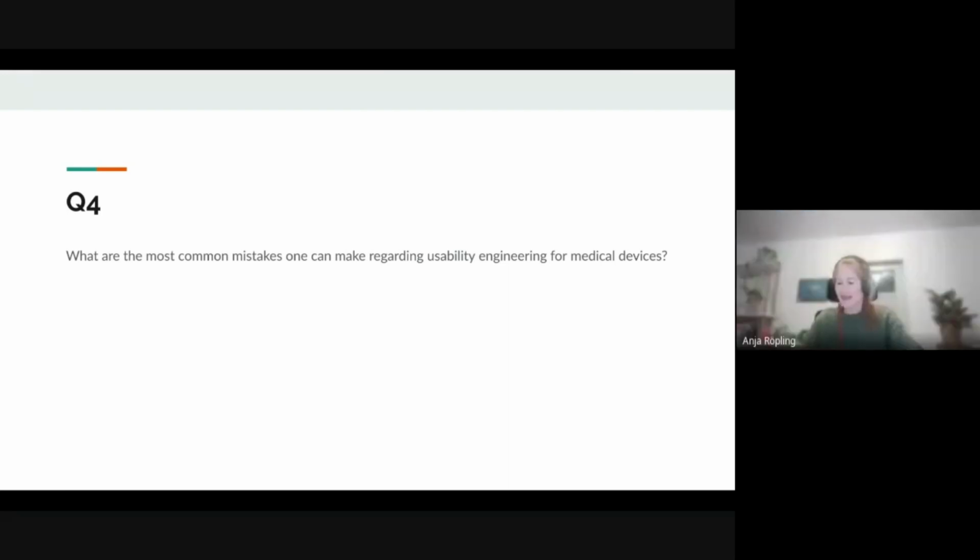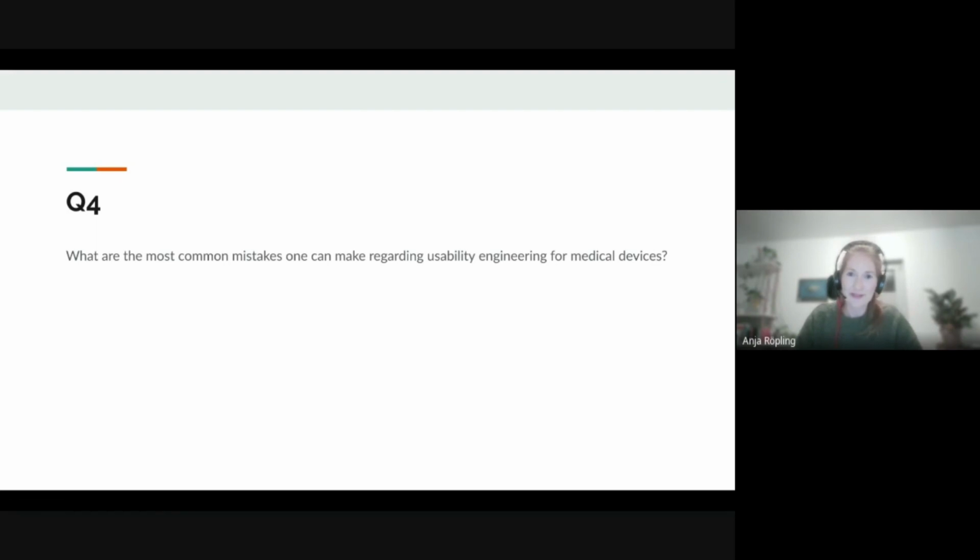Yeah. So I think we already talked about neglecting the formative usability tests, so I won't go into that argument anymore. Maybe also more from the regulatory perspective. What I've seen a lot of times is that the link between risk management and usability engineering is sometimes really weak or maybe even not existing.